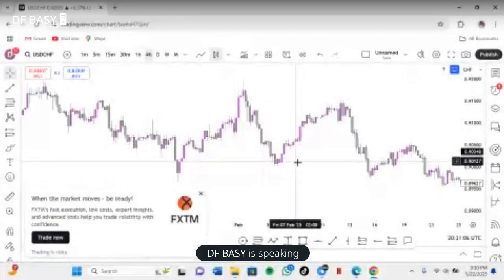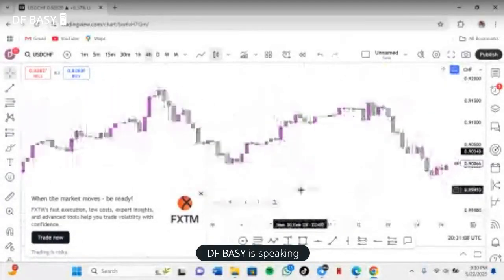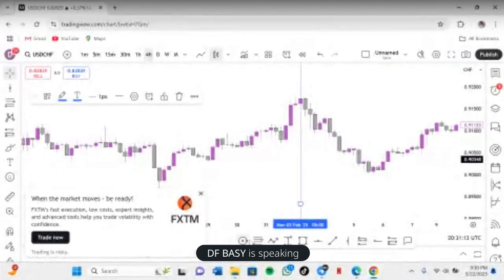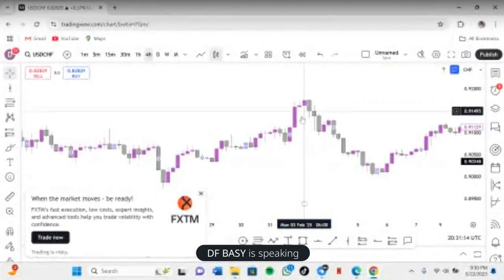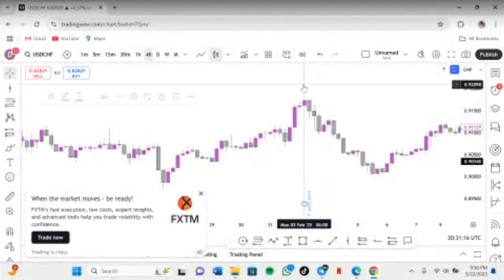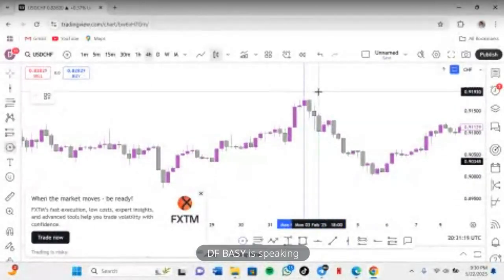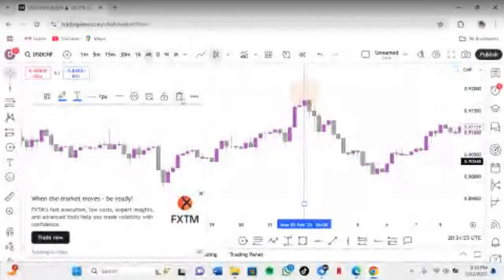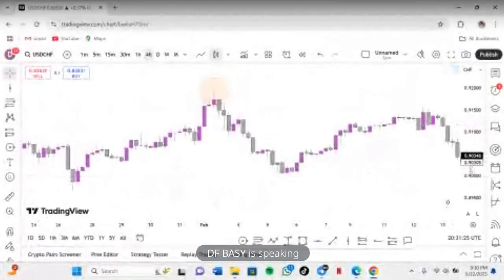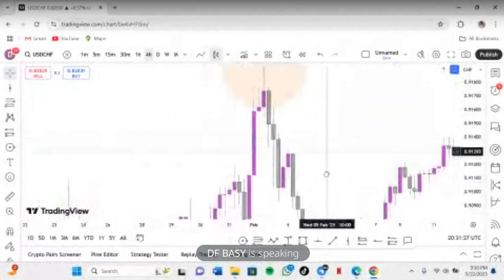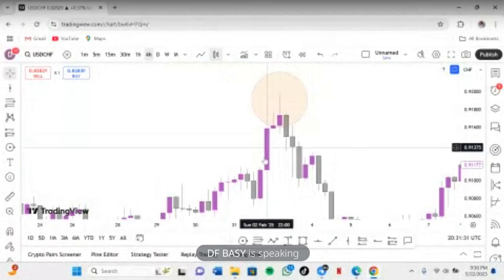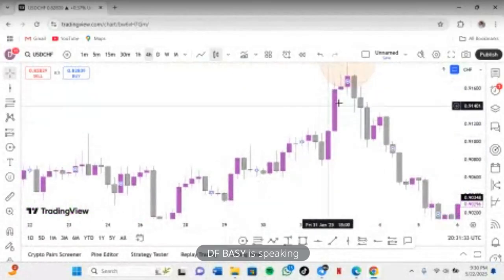I'm trying to look for it at a significant point. Okay, this is a hammer here. This guy here. That guy there. This is a hammer, though the body is still big.